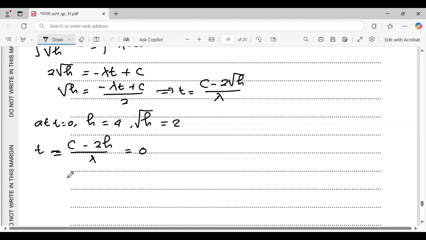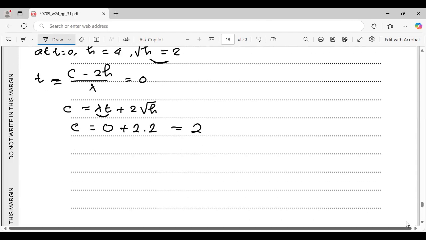So c equals lambda t plus 2 square root h, which is lambda times 0 plus 2 times 2. So c equals 4. Now we have t equals 4 minus 2 square root h over lambda.